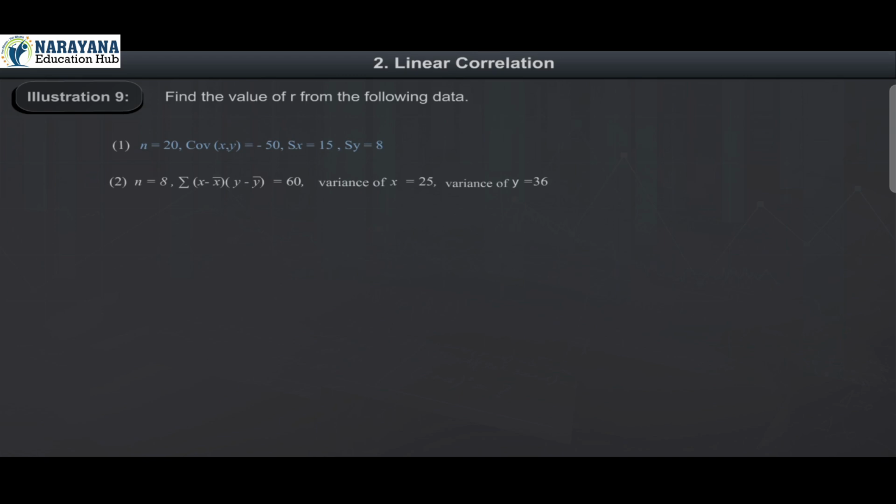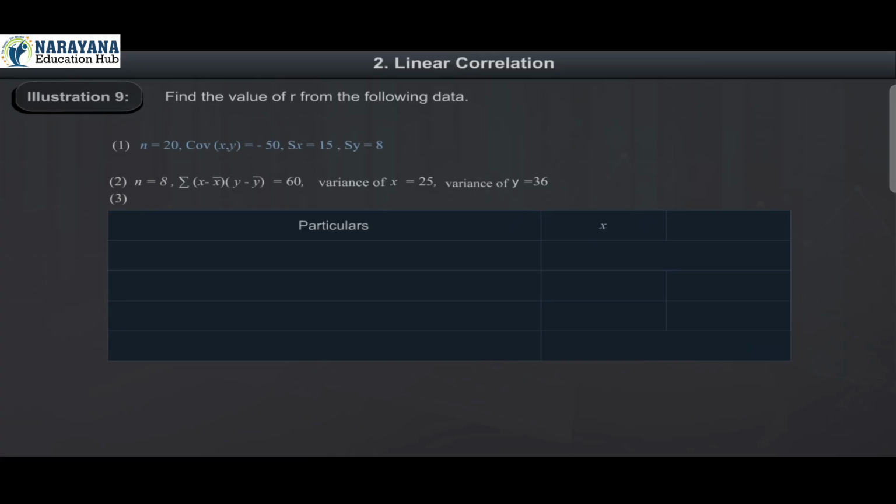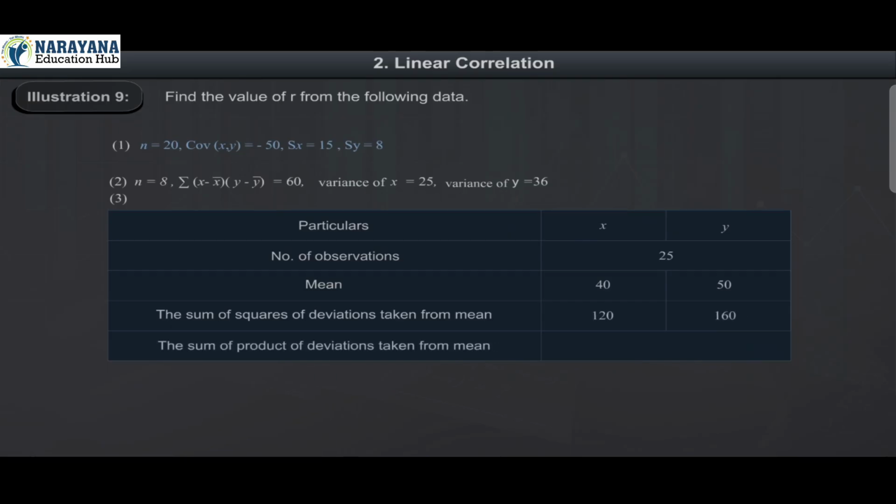Variance of x is equal to 25. Variance of y is equal to 36. 3. Particulars: x, y. Number of observations 25. Mean 40, 50. The sum of squares of deviations taken from mean 120, 160. The sum of product of deviations taken from mean 100.